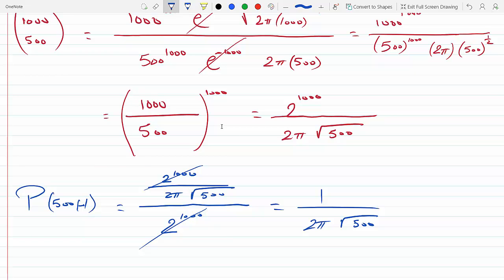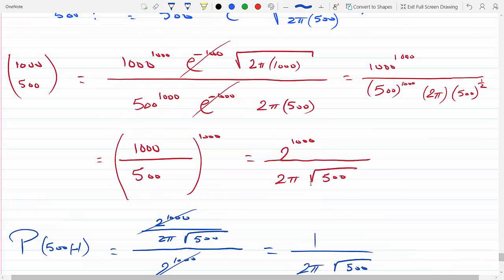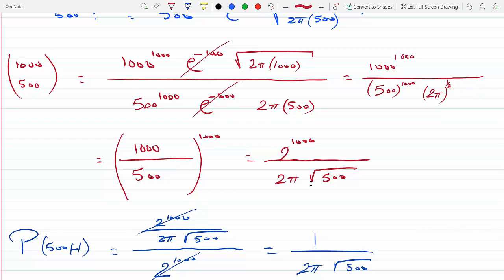Alright, so what's this here? I'll punch this on the calculator. Okay, I just noticed there was a mistake here. First of all, this is 2 pi to the 1/2. I was trying to put this on the calculator at the same time I'm writing it down, so I forgot a few terms here. So this is 2 pi to the half, and then we have square root 1000 over 500.